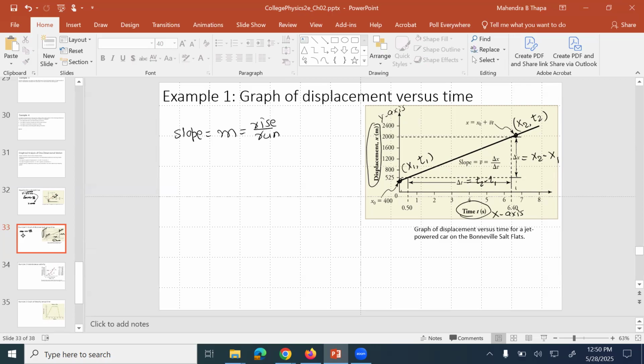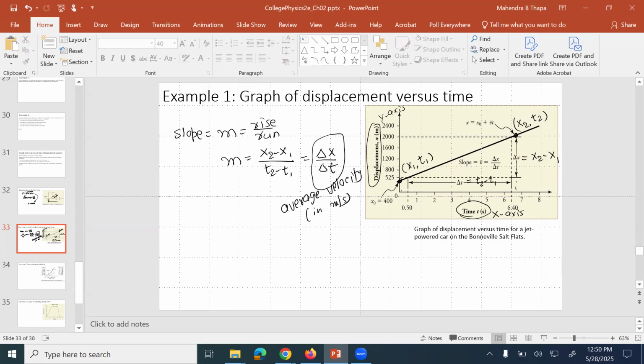So this will be x2 minus x1 over t2 minus t1. So this is delta x over delta t. Clearly, by definition, delta x over delta t gives you the average velocity, and it will be measured in meter per second.